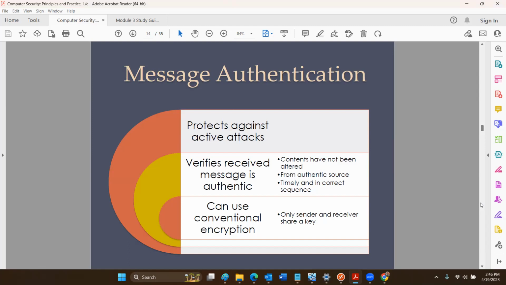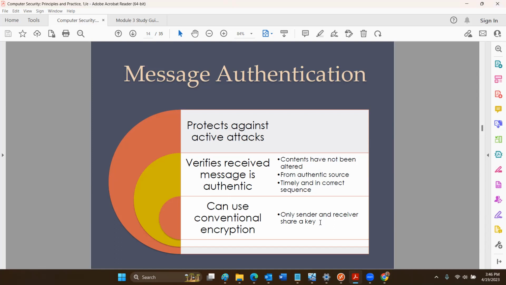So one of the practical uses of encryption ciphers is that you can authenticate that messages are legitimate, right? That the contents have not been altered. And so you can include keys that allow you to validate the message.